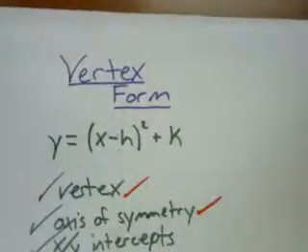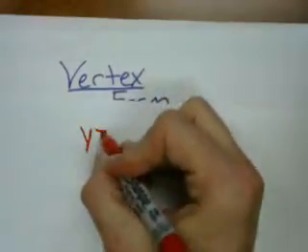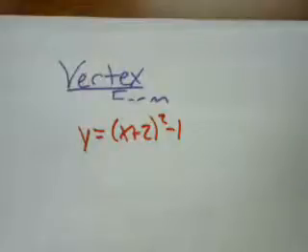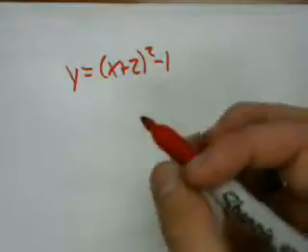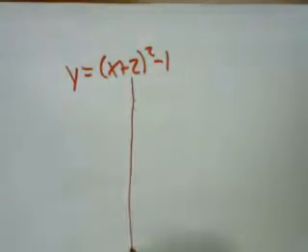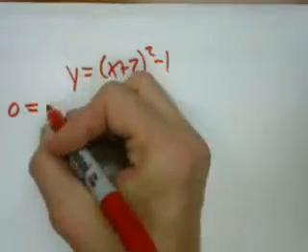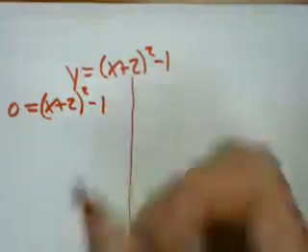Now we need some x and y intercept work. I'm going to pull out a new sheet of paper for the intercepts. If I have the equation y equals (x plus 2) squared minus 1, there are really two intercepts. When x is 0, that's your y-intercept, and when y is 0, that's your x-intercept. So here I can plug in 0 for y and solve. I'm left with 0 equals (x plus 2) squared minus 1.